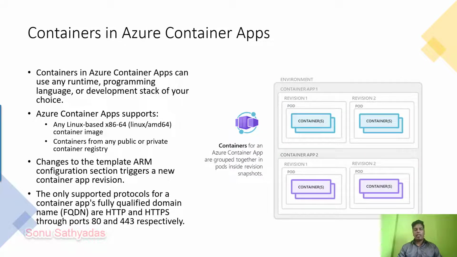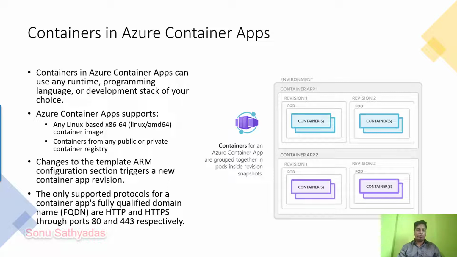Once the container apps environment is created, you are now allowed to deploy your containers inside the container app. So you can create a container app which deploys one or more containers inside the container apps environment. Containers in the container apps can use any language, framework, or environment.